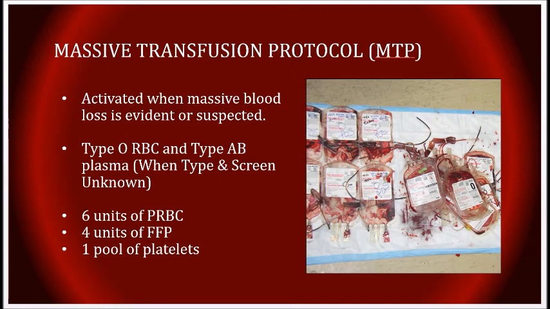But you know what, different institutions might change that number ever so slightly, but you want to give them blood, you want to give them some plasma so that they have the electrolytes, the factors, the anticoagulation factors, and all that stuff. And the platelets, obviously, you want the platelet cells to be able to form a stable clot so that they stop the bleeding.